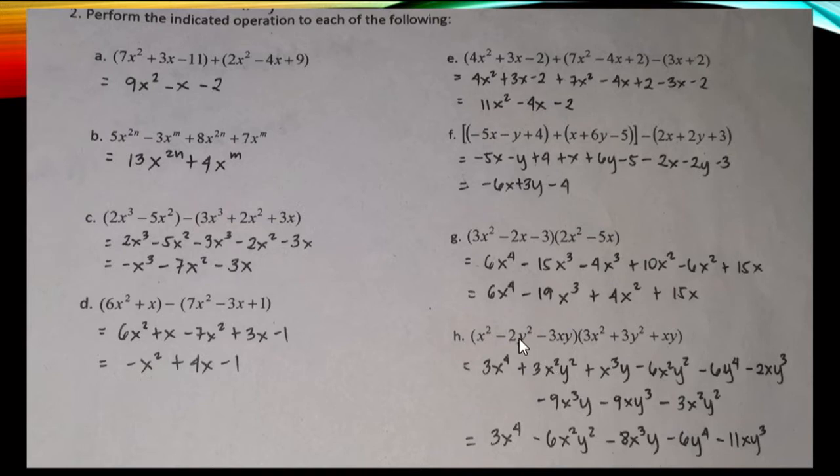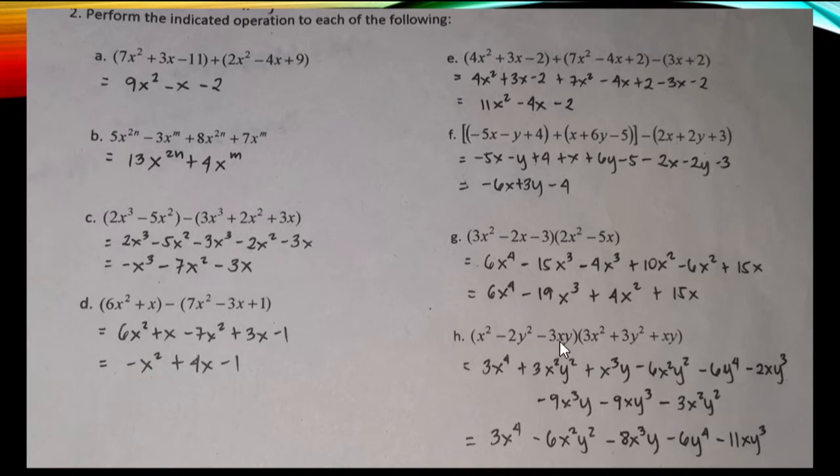Then the second term. Negative 2y squared times 3x squared is negative 6x squared y squared. Negative 2y squared times 3y squared is negative 6y to the power of 4. Then negative 2y squared times xy is negative 2xy cubed.